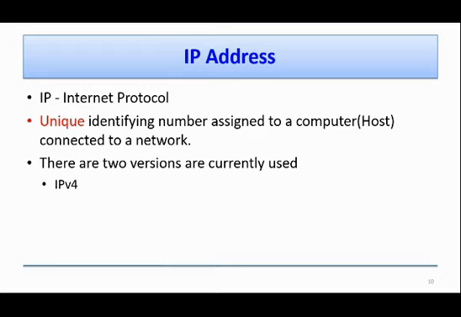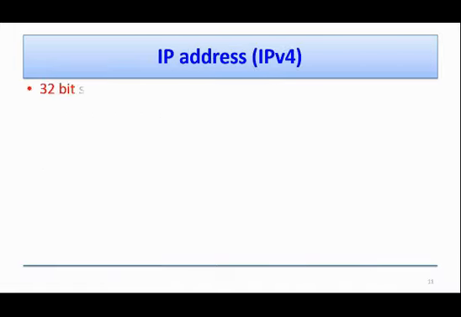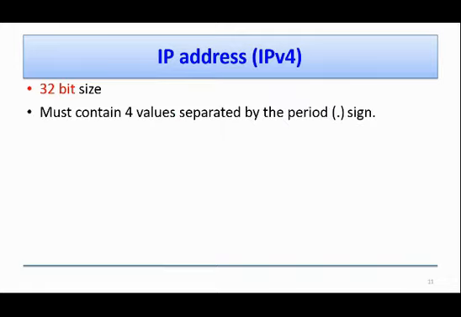There are two versions in the world: IP version 4 and IP version 6, IPv4 or IPv6. We discussed the format of IPv4, which is 32 bits in size, that is 4 dotted decimal numbers. Those numbers are separated using a dot, right?